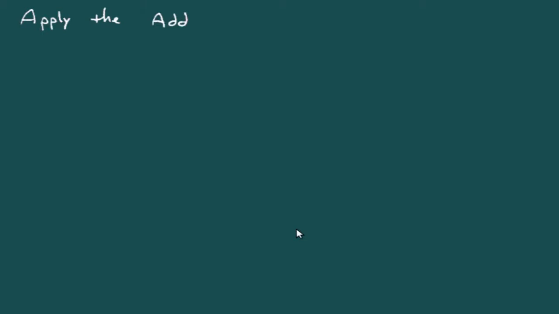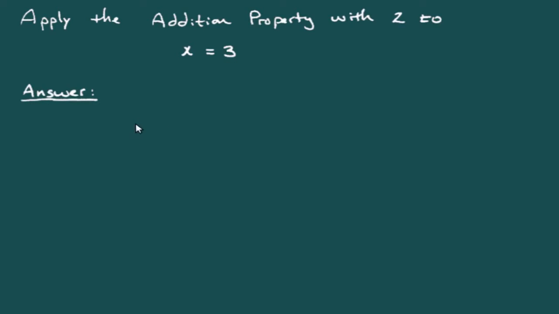So let's see how we can use the addition property of equality and the multiplication property of equality in action. Suppose that we want to apply the addition property with 2 to an expression like x is equal to 3. What that would look like is that we are assuming that we're starting with these values, x is equal to 3. The next thing is that we add 2 to both sides.